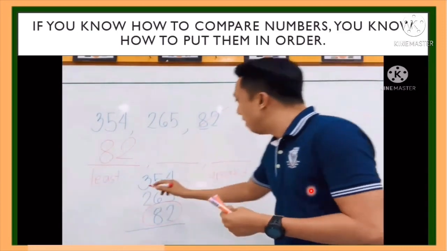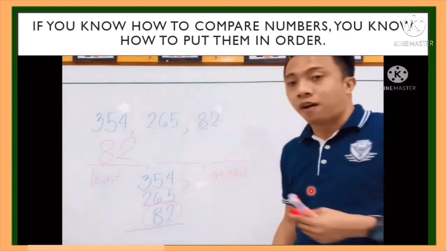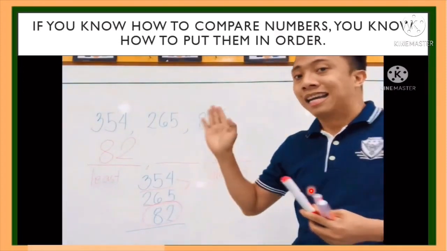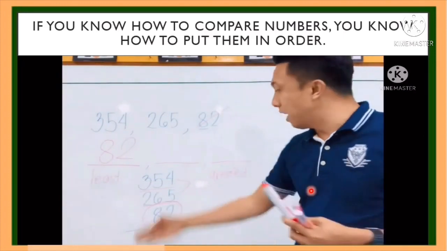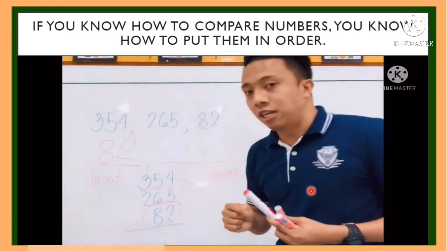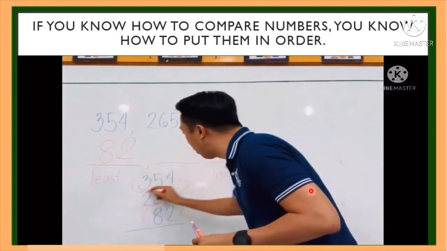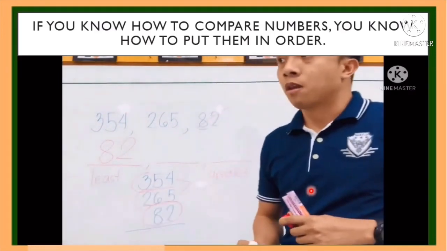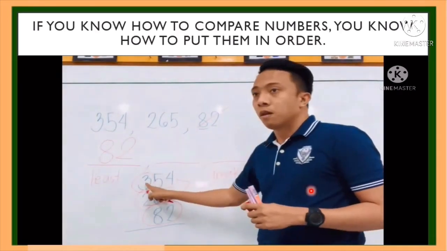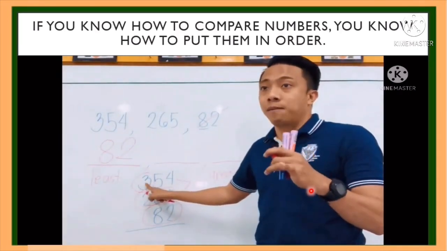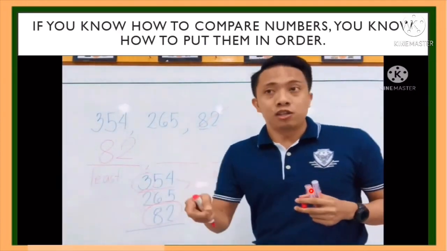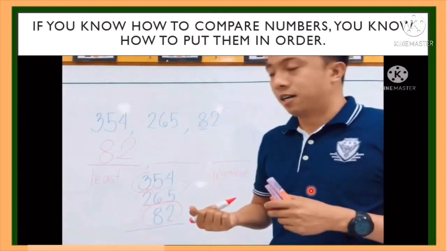This one is already finished. Now, let us compare 354 and 265. Okay? Our second step is we need to identify the greatest place value, which is the hundreds place. Right? So, our digits in hundreds place, we have 3 and 2. Since they are not the same, we need to identify which number is greater.